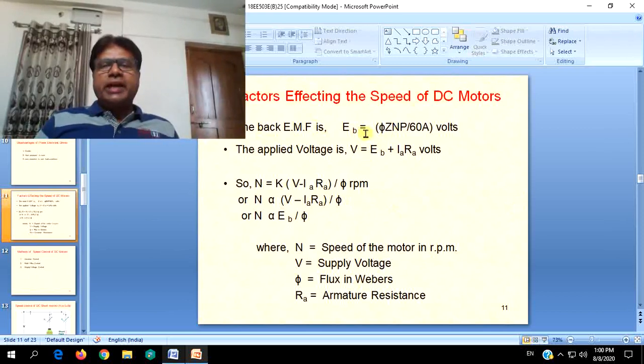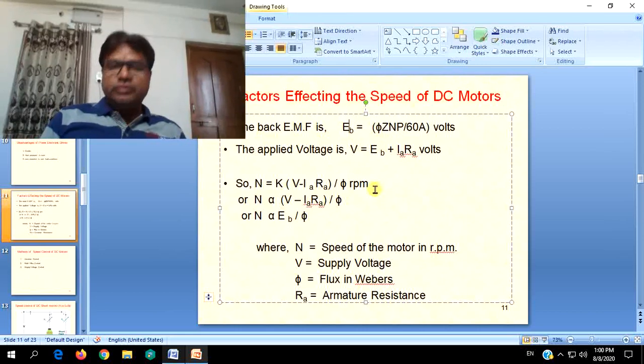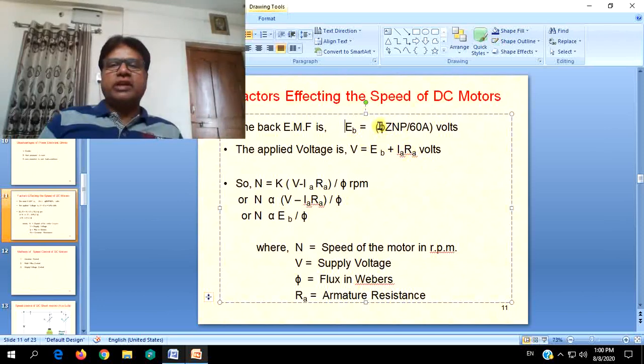The counter EMF or back EMF EB is equal to phi ZNP by 60A volts, which you have already learnt in case of DC motors, where phi is the flux per pole of the field, Z is the total number of conductors inside the armature, N is the speed of the armature in RPM, P is the number of poles for which armature windings are wound, A is the number of parallel paths of the armature windings, which is equal to P for the case of lap winding, and which is equal to 2 for wave winding.